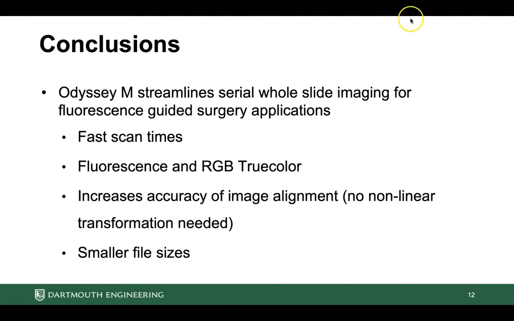It also results in much smaller file sizes because we're collecting so many images, both of different imaging types or different staining types plus serial sections. In a matter of just a few mice, we can collect hundreds of tissue sections. And so this really streamlines our system and also allows us to have manageable data files.